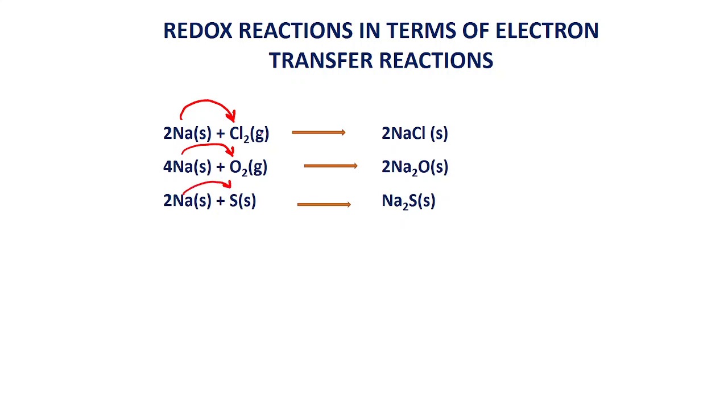So what is suggested here is that this is a complete reaction where Na is reacting with chlorine to form the NaCl molecule. Now the atom which is giving electron, we say that atom is oxidized, and the atom which accepts electron, we say is reduced. Similarly here sodium is oxidized and oxygen is reduced.